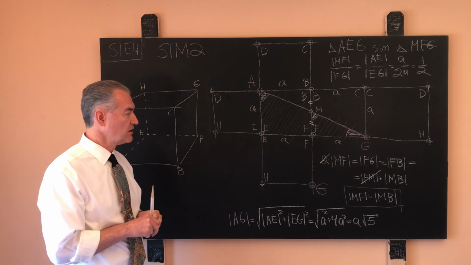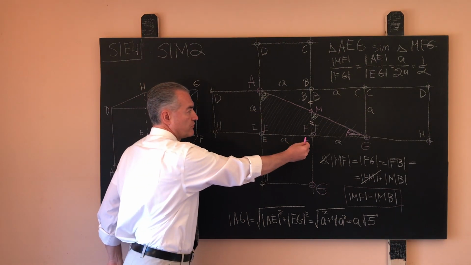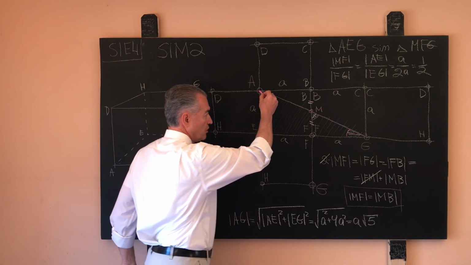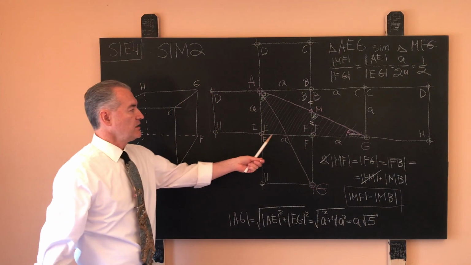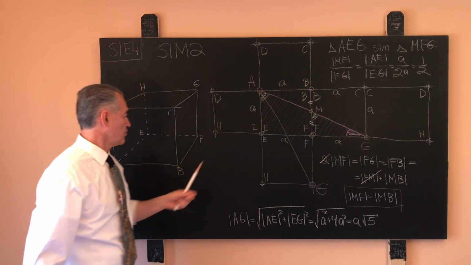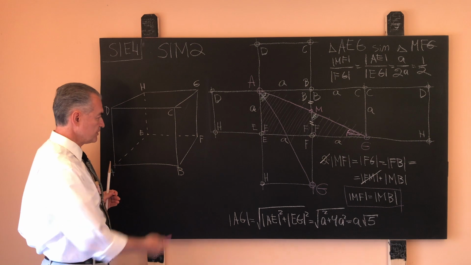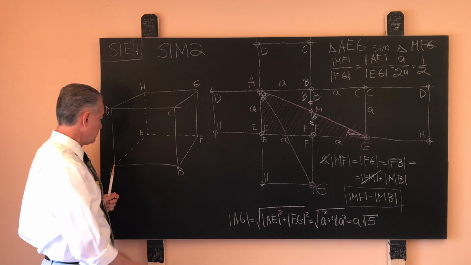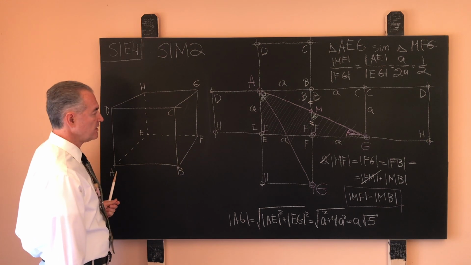Because we see that, for example, here, the initial leg of the shortest journey will go through the same face E, F, B, A, which on the three-dimensional rendering of the cube is right here.